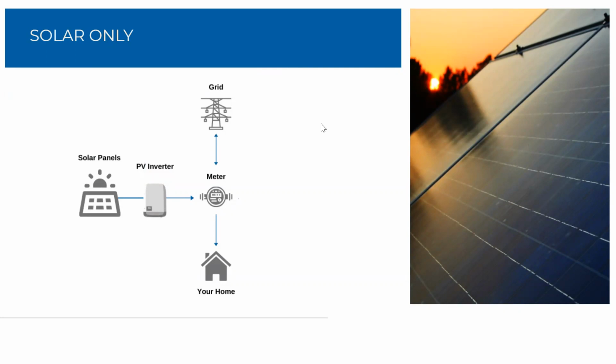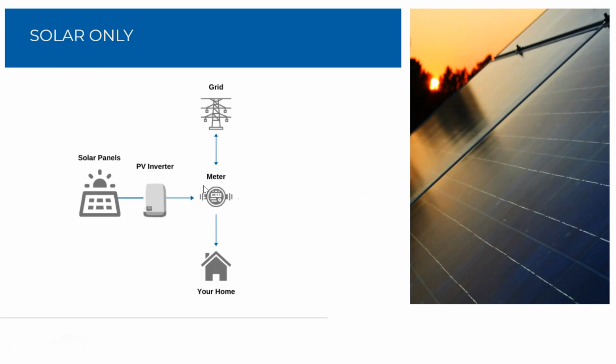Great. Thank you. Okay. So if we're looking at solar only, this is just a schematic, a little block diagram of a setup for your grid tie system. So you've seen this a million times, I'm sure. You have your solar panels feeding your PV inverter. Your PV inverter can be either microinverters, DC optimizers, or a string inverter.